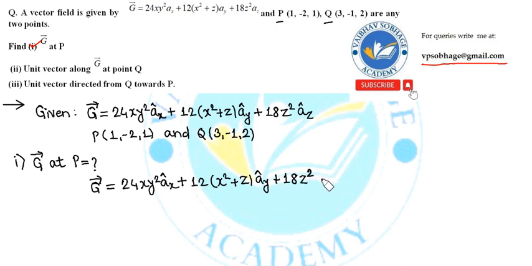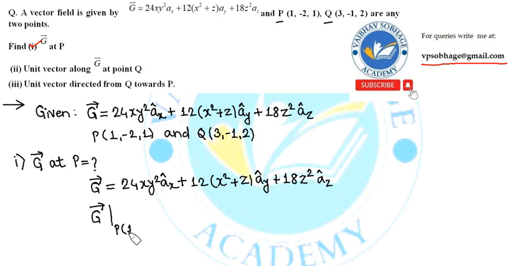So this is what is your given vector g. Now we have to find out what is its value at point P.